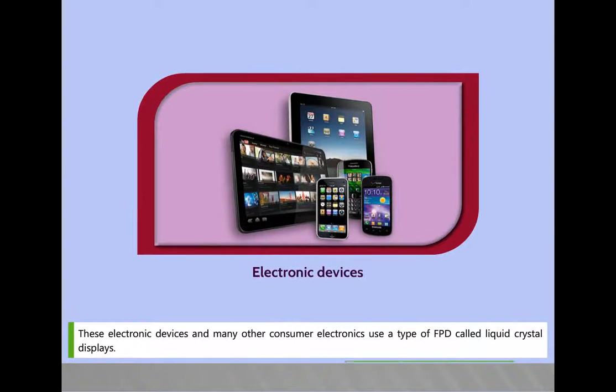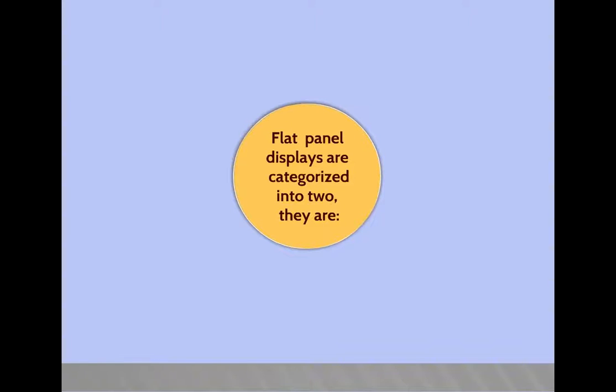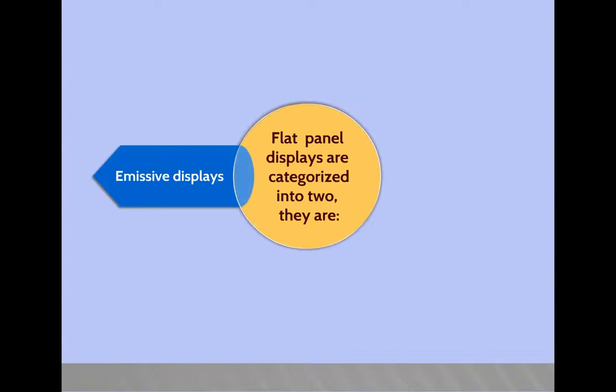These electronic devices and many other consumer electronics use a type of FPD called liquid crystal displays. Flat panel displays are categorized into two: emissive displays and non-emissive displays.